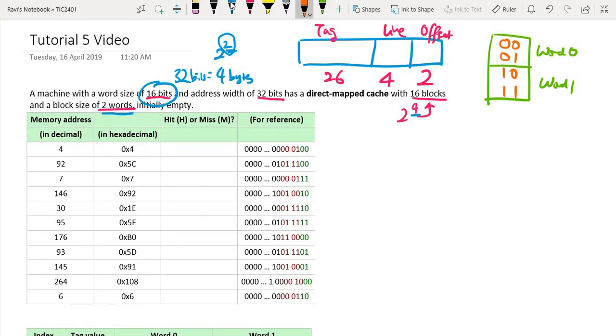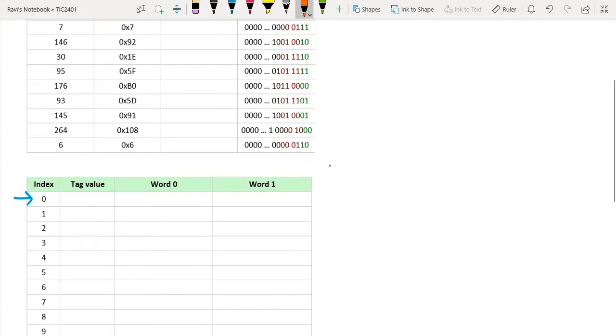The first memory access here is memory address 4. Here we have already broken it up to give you the byte offset as well as the cache line. This maps to cache line 1. When you first start up the system, of course everything will be an initial cold miss or compulsory miss, so cache line 1 will originally not have any content.